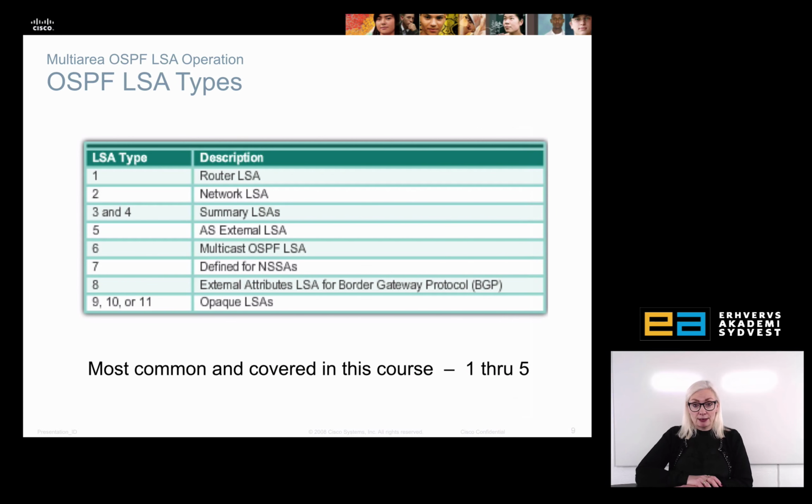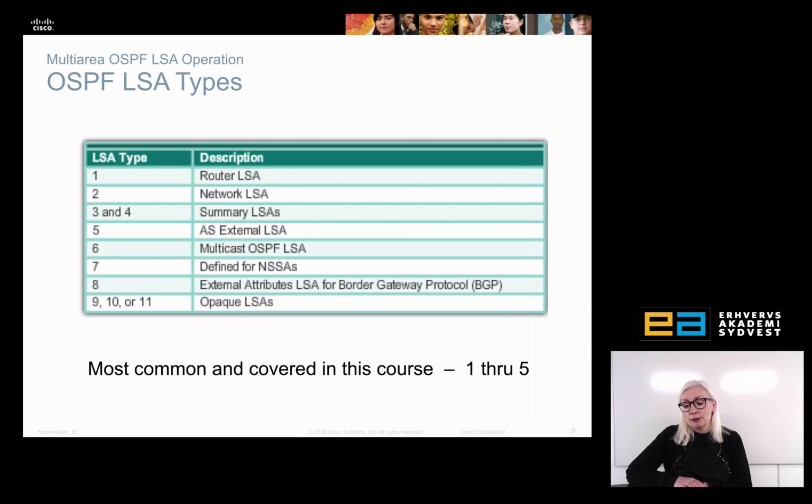When we look at the different types of routers, there are different types of LSAs that they receive and send. We remember from when we discussed OSPF that OSPF updates the other routers by sending LSAs, link state advertisements. There are different types that will be sent to different types of routers. We have type 1, 2, 3, 4, 5, which are covered in this curriculum. There are some other types as well, but we will look at the first 5.